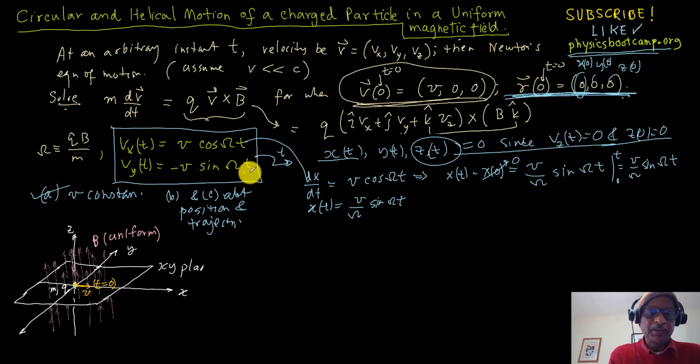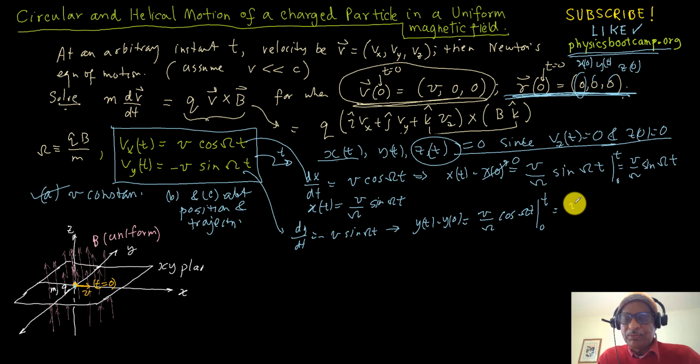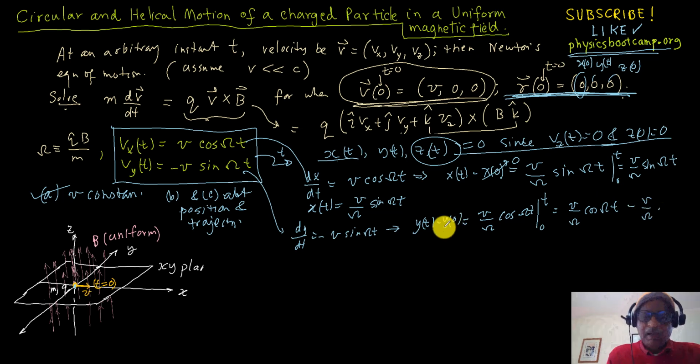Let's do y of t the same way. So dy/dt is equal to minus v sine omega t. Okay, this will integrate to y of t minus y of 0 equals v over omega cosine omega t, from 0 to t, is v over omega cosine omega t minus v over omega, and this is 0.